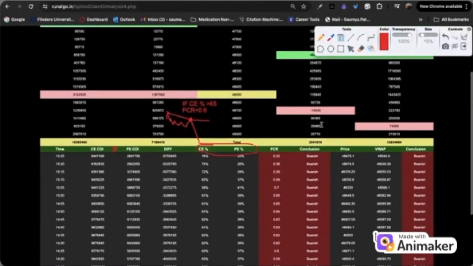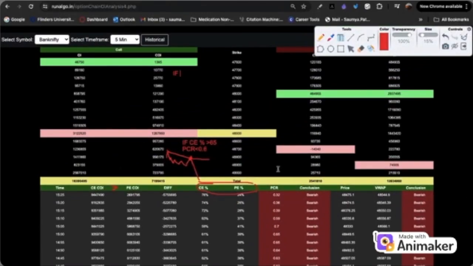A good stop loss could be, in the last column, price and VWAP. If the price is very close to the VWAP, we can consider VWAP as our stop loss, and we can take a trade in a very small quantity. Initially we'll start with small quantities, then gradually as you see the behavior, you'll feel more confident.